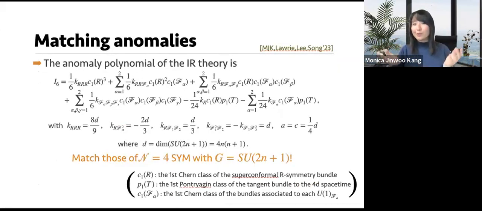So the anomaly polynomial of this IR theory after flowing is given as all this. It's two lines with all the anomaly coefficients that it can have. Now all the rest are 0 except these. Now D is exactly this dimension of the SU(2n+1), so that's 4n(n+1).